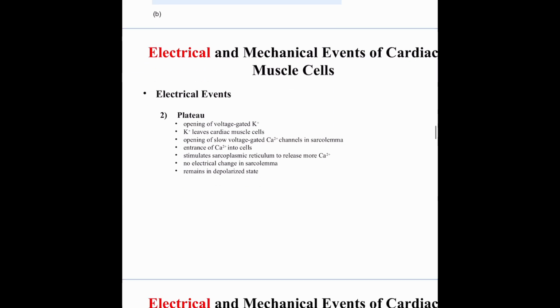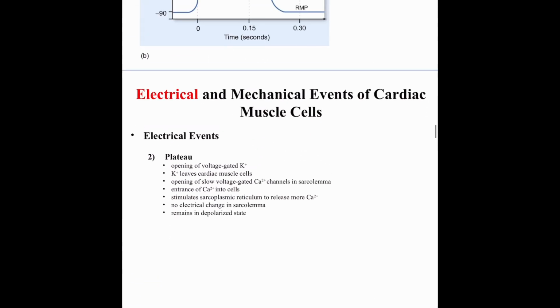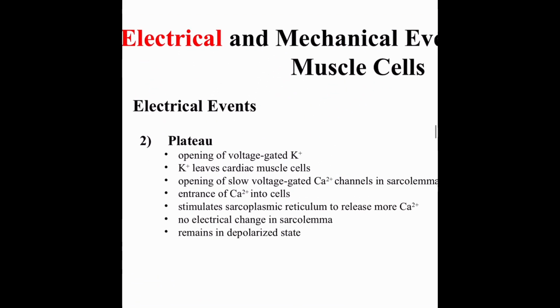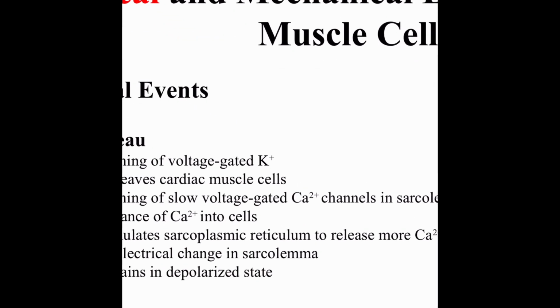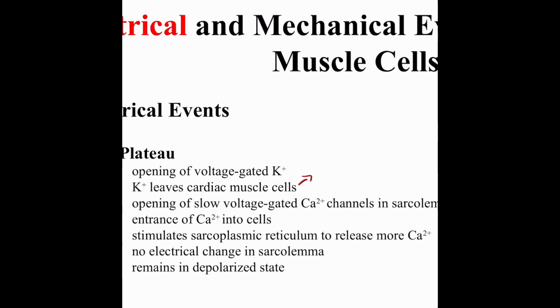Then to our plateau. So this is the occurrence of electrical events, right? So it opens voltage-gated potassium channels. So we went from, in nodal cells, needing sodium, calcium, potassium, to now in cardiac muscle cells, sodium to potassium, and we'll leave the muscle cell.